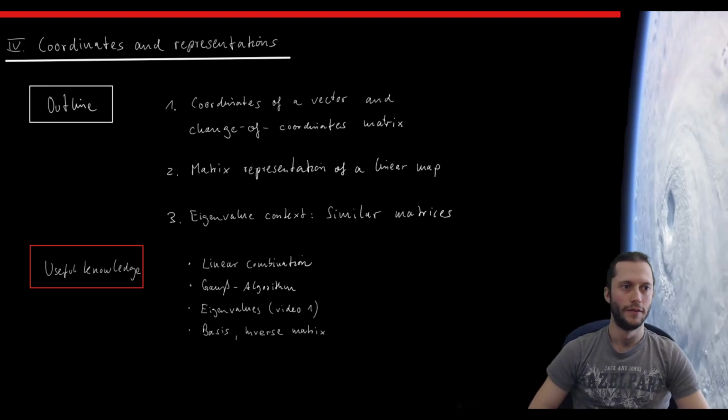Just one more thing about the outline and the concept. The approach I'm choosing here is sailing somewhere in between a full abstract overview notation of the whole thing and a more practical, coordinate-based, example-based way.